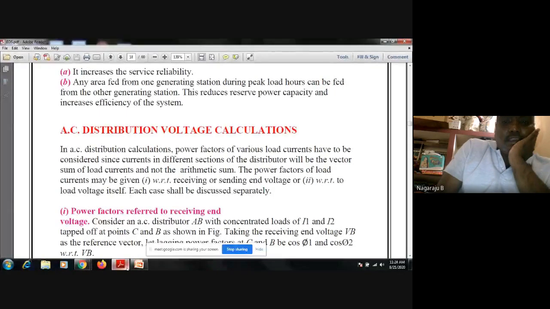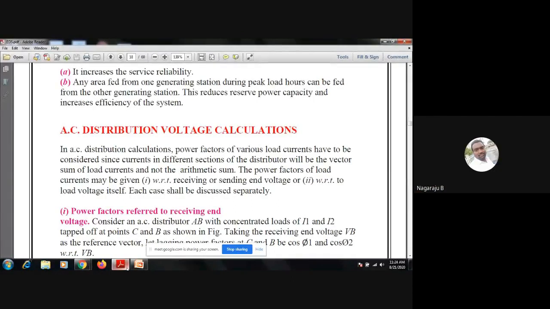The power factors of load current may be given with respect to the receiving end or sending end voltage, or with respect to the load voltage itself. Each case shall be discussed separately.